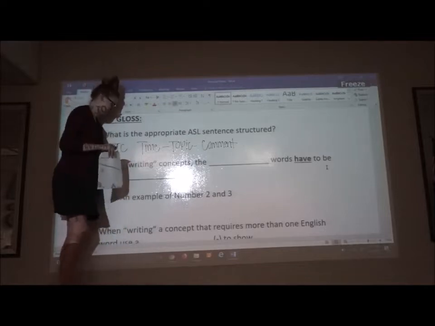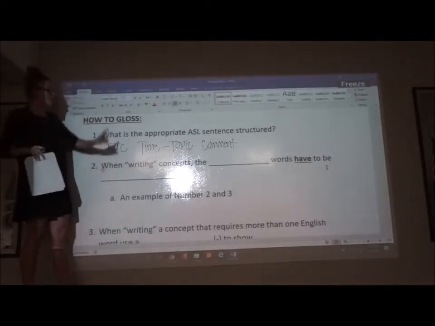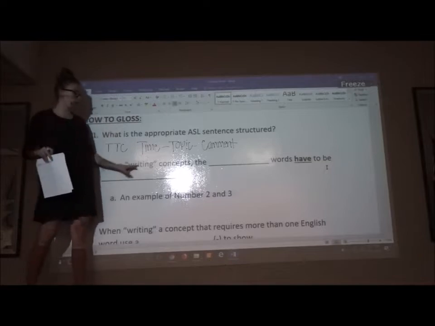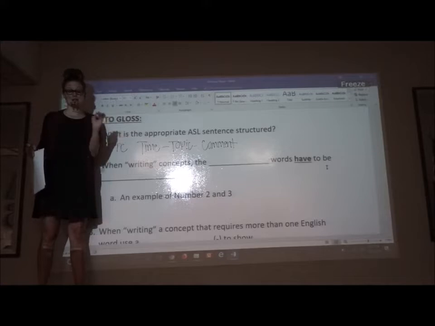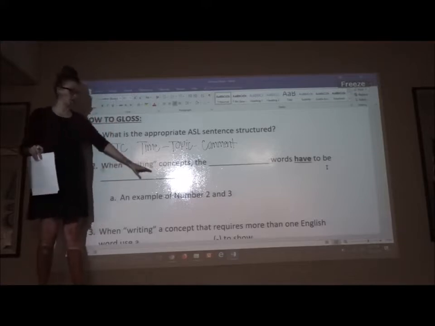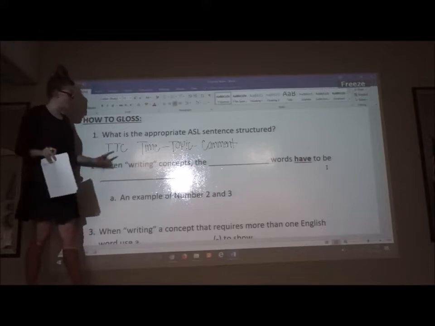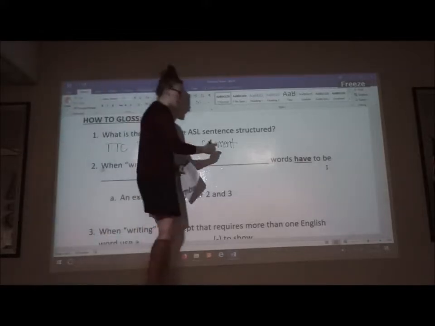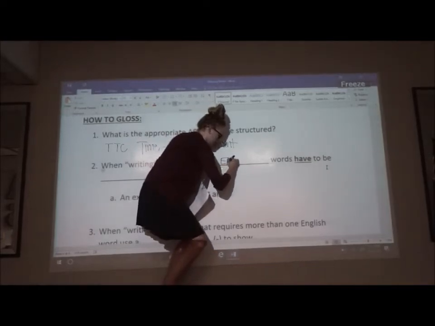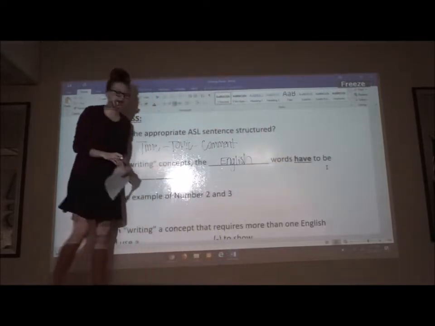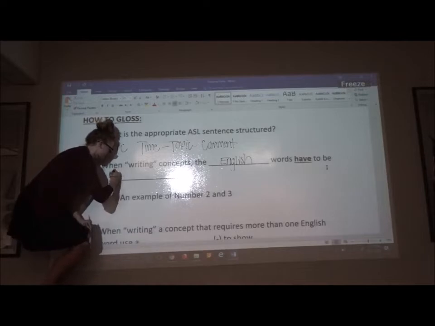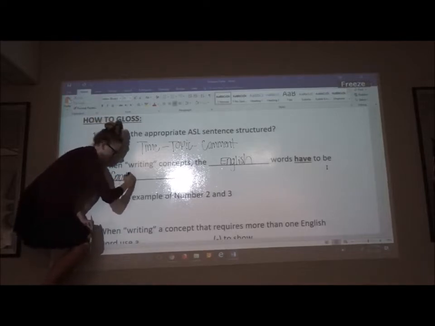Then, when writing, remember I put it in quotes because we're not really writing ASL. You can never really truly write ASL. But just for educational purposes, glossing is used. Remember that. When writing concepts, the English words have to be capitalized.